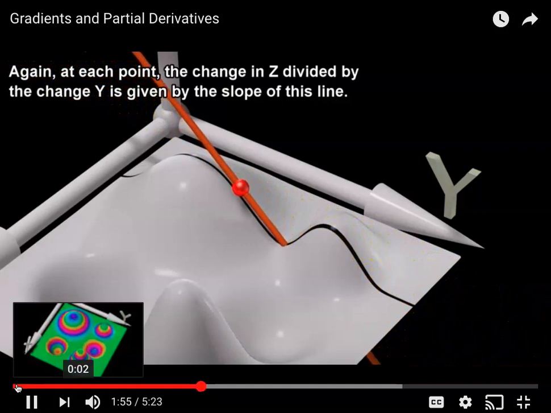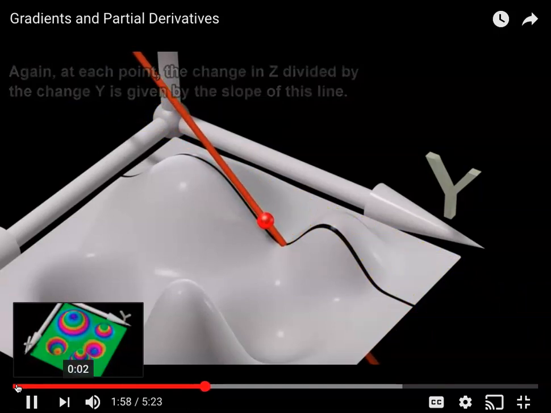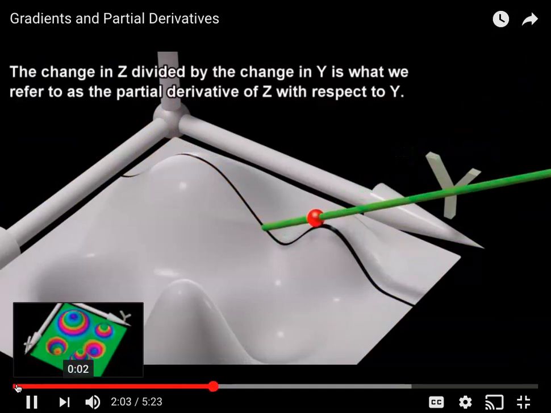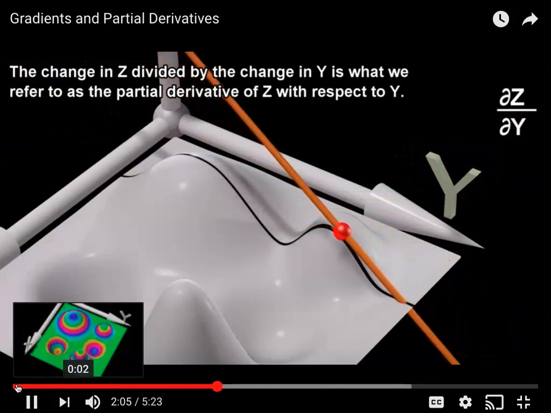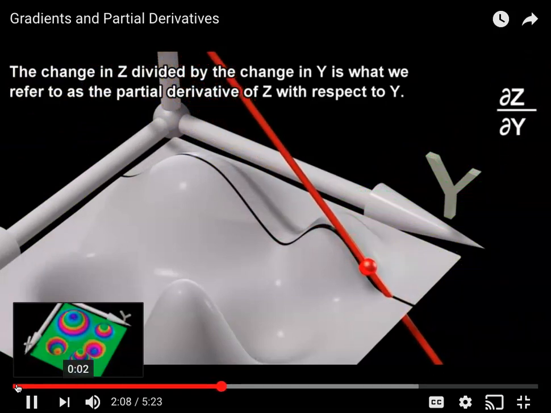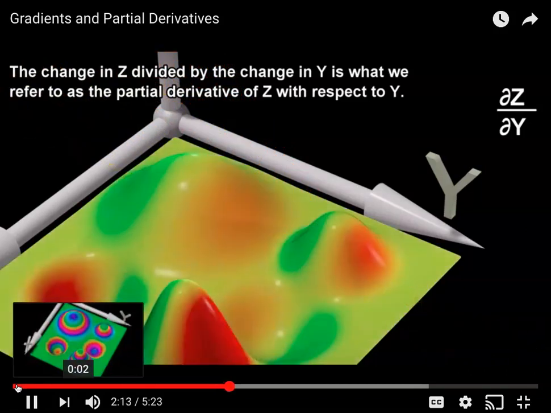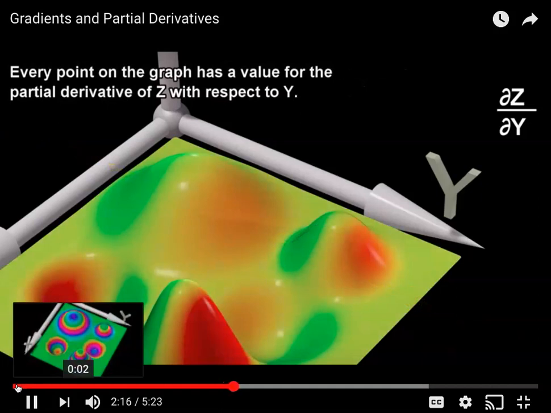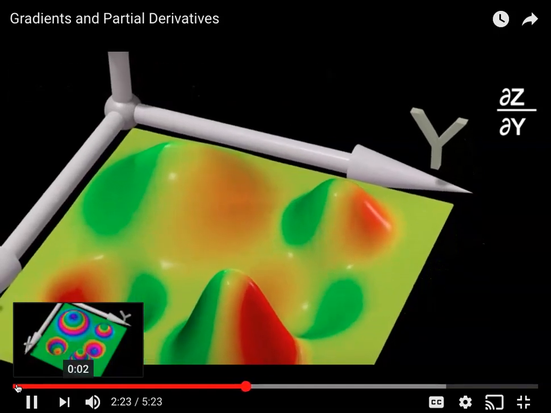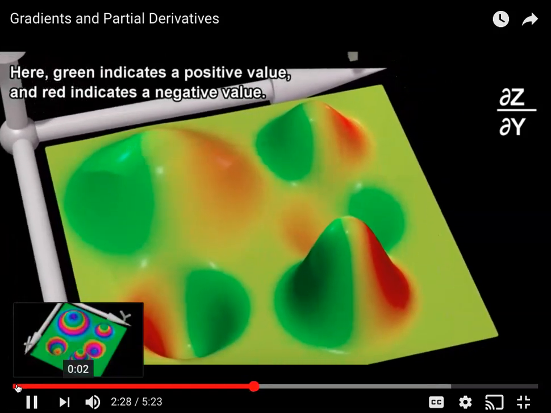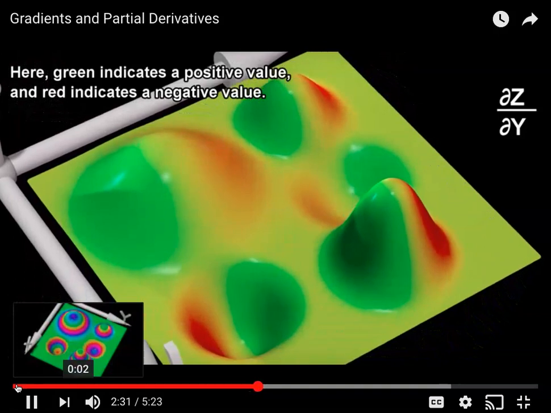For a line tangent to the function, the change in z divided by the change in y is what we refer to as the partial derivative of z with respect to y. Every point on the graph has a value for the partial derivative of z with respect to y. Here, green indicates a positive value, and red indicates a negative value.